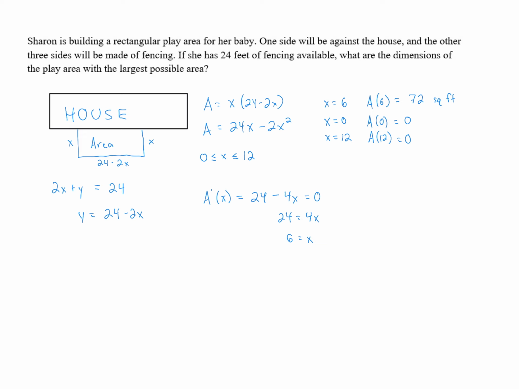We weren't actually asked what the maximum area is. We're asked what are the dimensions of the play area with the largest area. So we know that x equals 6 gives us one side. So that's going to be 6. And then 24 minus 2 times 6. 24 minus 12 is 12.